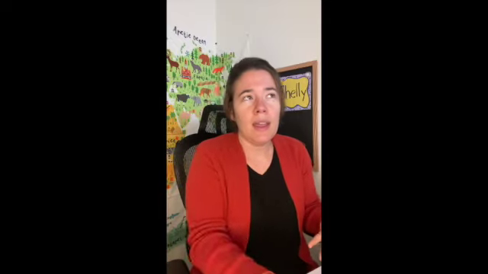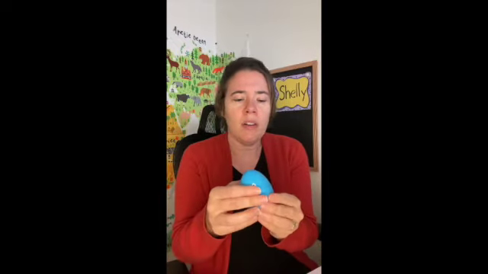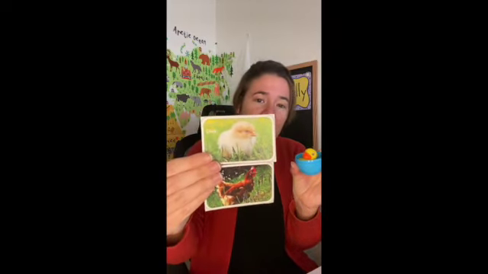It'll be helpful to have a few extra farm animals on hand, whether you have some little figurines or I just use 2D pictures, like a cow lives on the farm. These are some of the sentences that they'll be using.